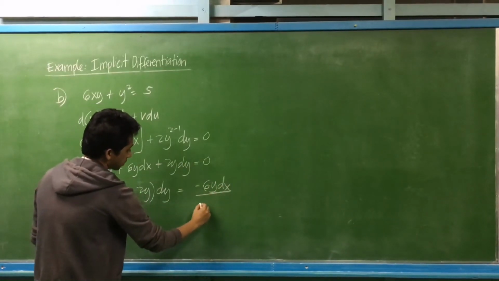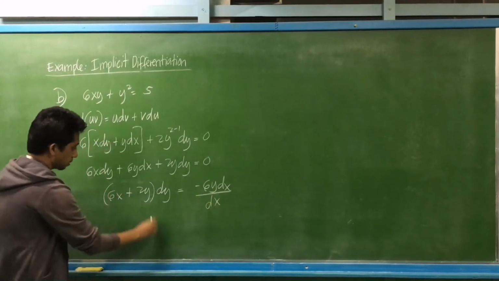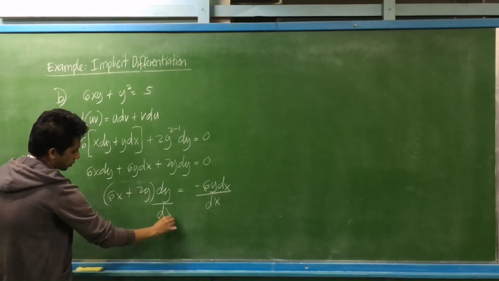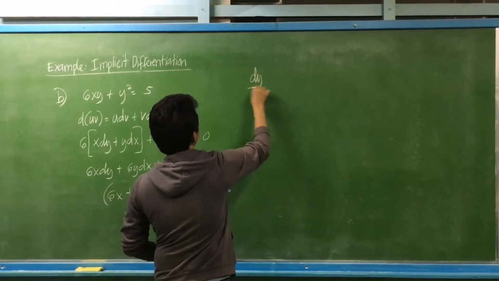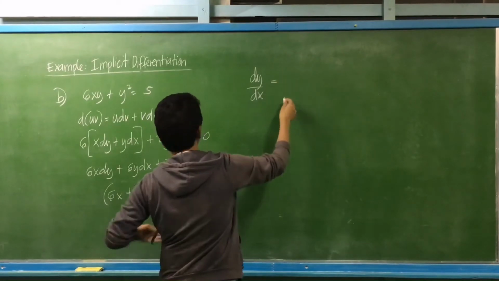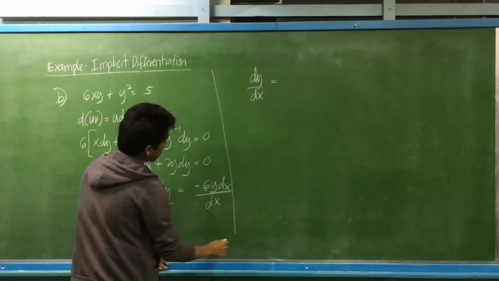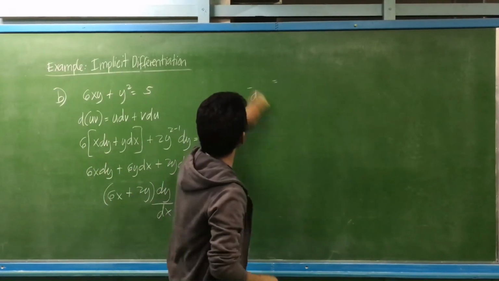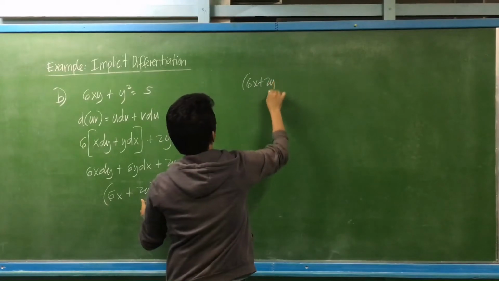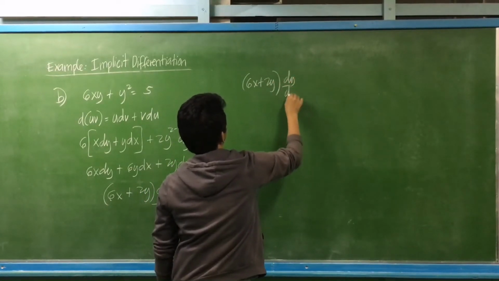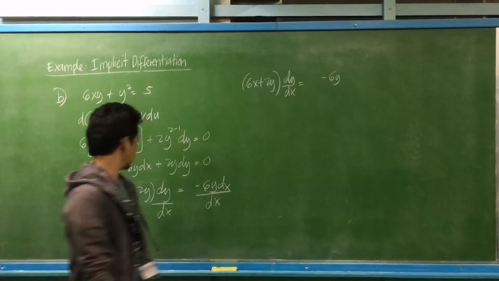So dividing both sides of the equation by dx, we have 6x plus 2y multiplied by dy over dx is now equal to negative 6y.